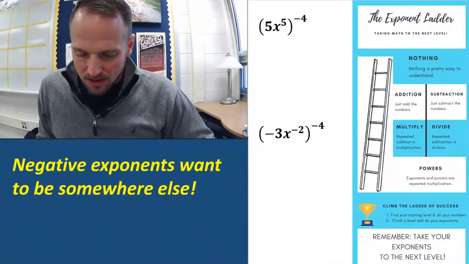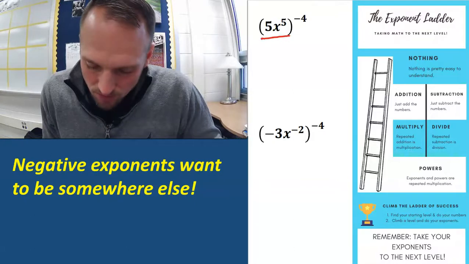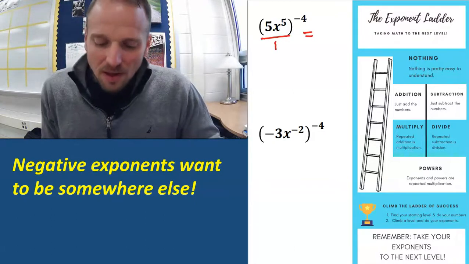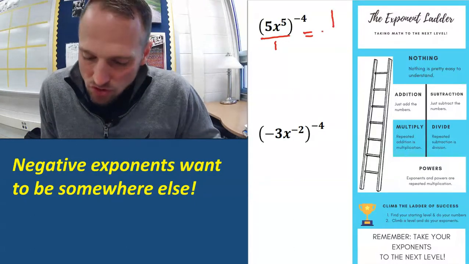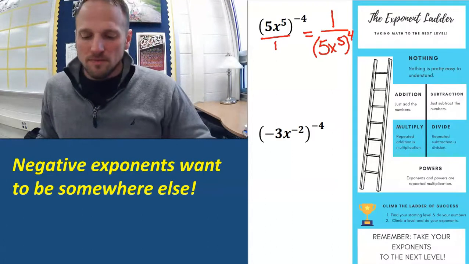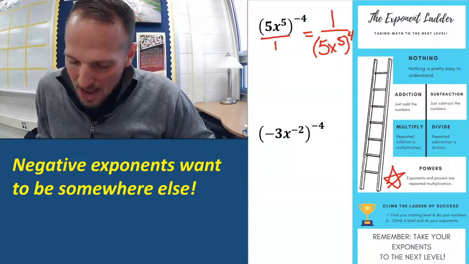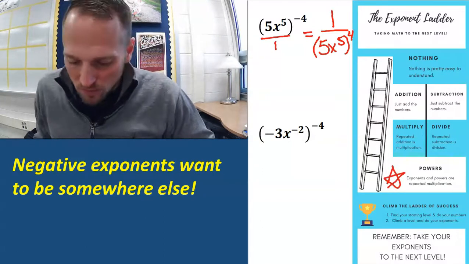Okay, let's get insane here. All right, so I see a negative exponent, we have to change where it is. 5x to the fifth. Change that exponent to a positive 4. Okay, come back down. Powers, since that's all going to the fourth power.